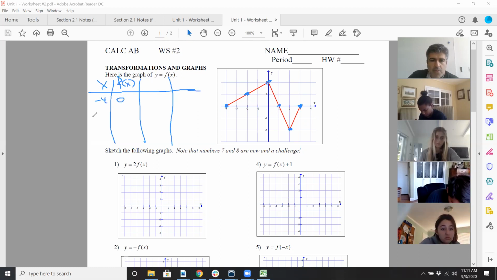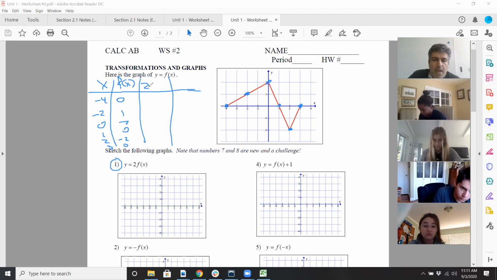The second point is -2, 1, my bad. Then 0, 2, 1, 0, 2, -2, and 3, 0. Now for number 1, I'm going to multiply my y values by 2.